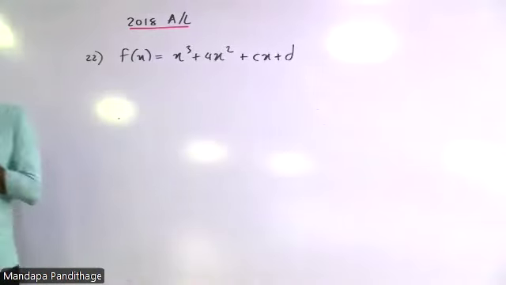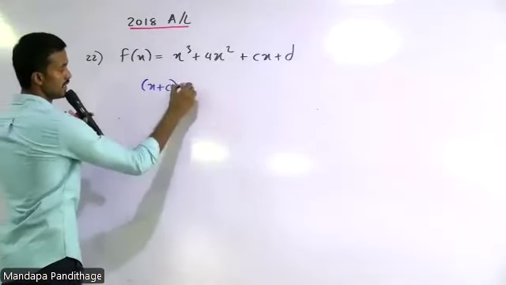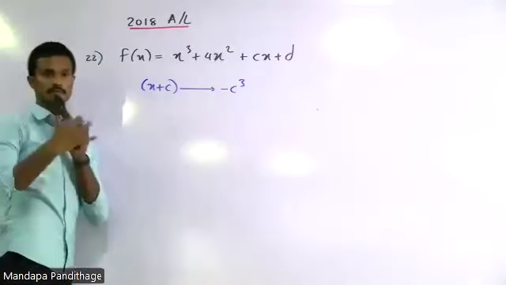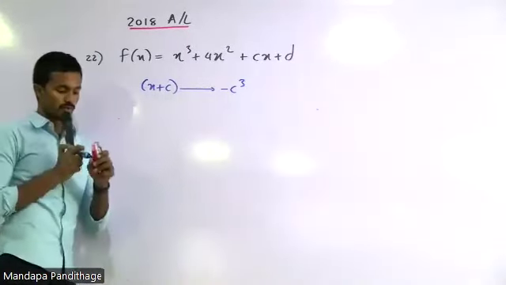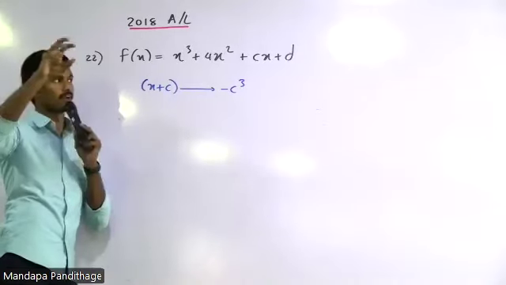So they have given that when divided by x plus c, the remainder is minus c cubed. So they are talking about what happens when we divide this by x plus c. The remainder is minus c cubed. So this is a past paper question. You know when we were doing questions in the tute, we got answers like fractional answers.